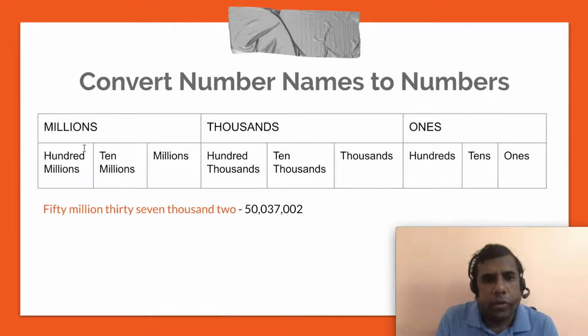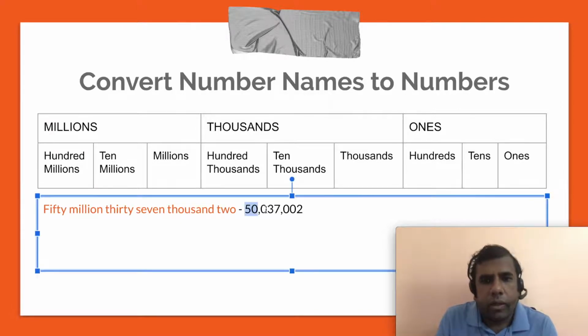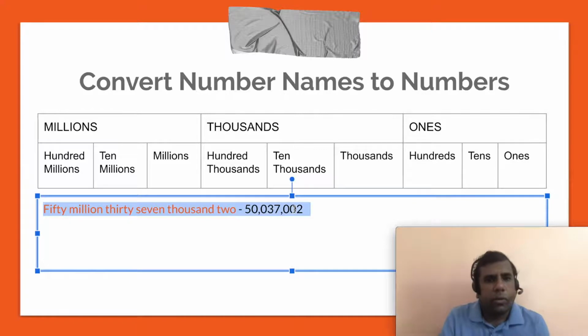So this number is going to be 50, then 037 because the 100,000s place is 0, and 2 will be 002 because the hundreds place is 0 as well as the tens place. So this number is going to be 50,037,002.